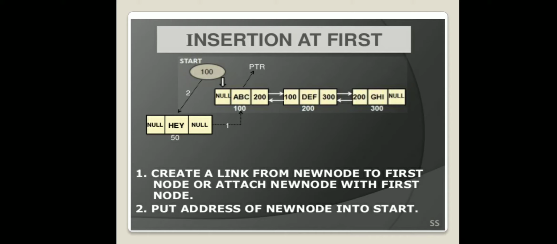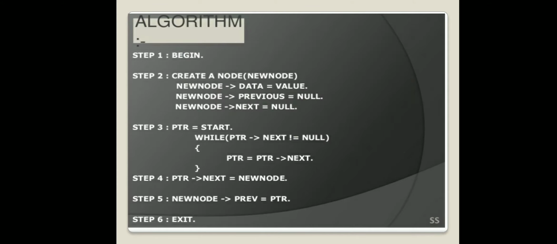Step 1, create a link from the new node to the first node, or attach the new node with the first node. Second point, put the address of the new node into start, as shown in the above figure. So we'll see the algorithm for this here. First we begin. Next we create a new node. New node of data is nothing but the value.